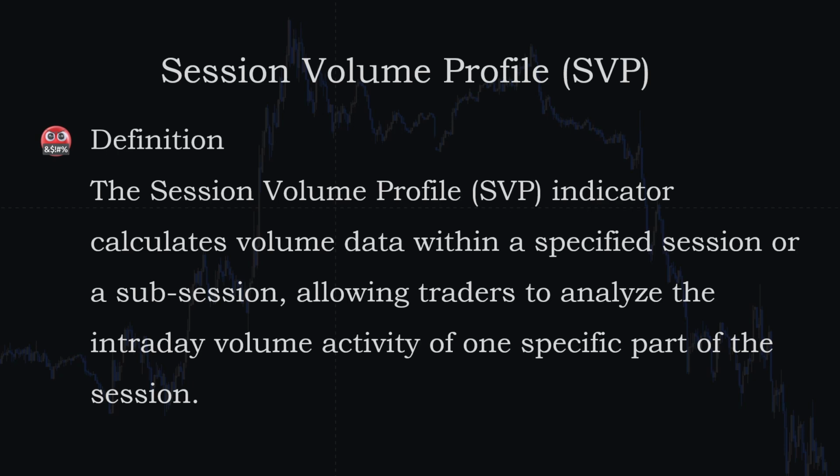So you can manipulate it to say, right, give me a capture of what trading has happened in the first 4 hours of the London session or New York session or whatever, and then it will give you that overview so you can see where all the trading has occurred, and it allows you to make decisions based on that. Now, what I'm going to do now is we'll go over to TradingView.